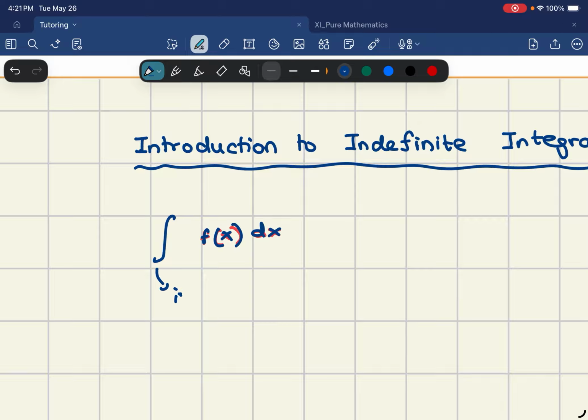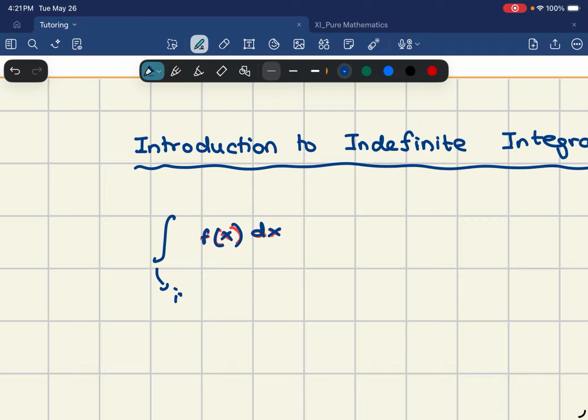According to the fundamental theorem of calculus, we have the following. The integral of f of x dx is going to be some capital F of x.